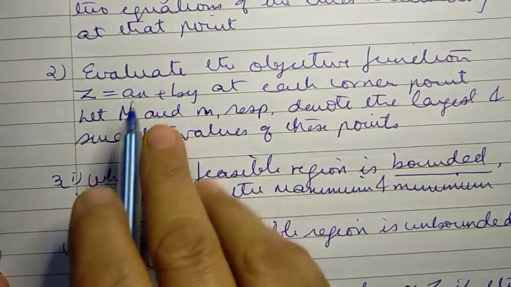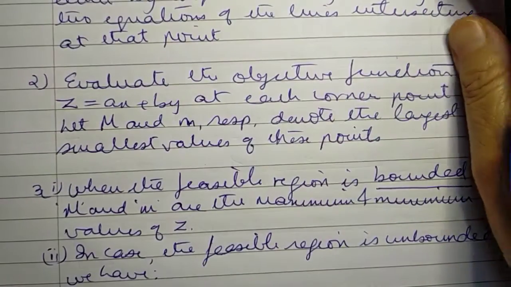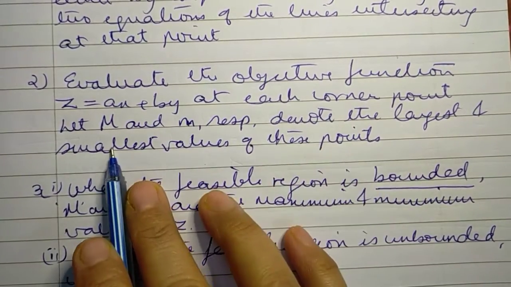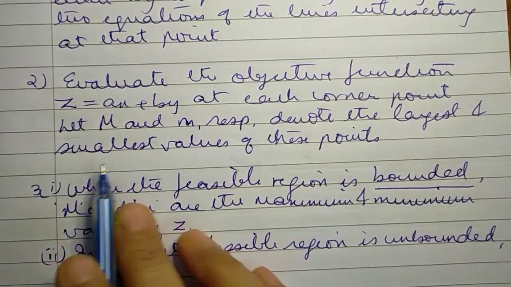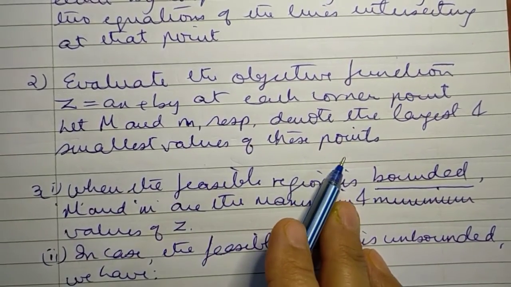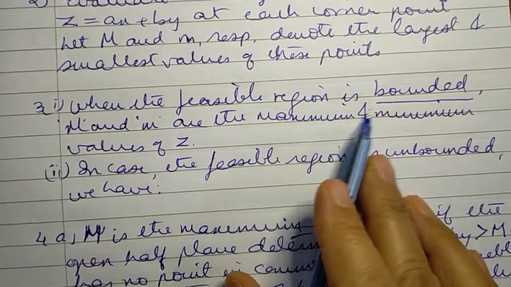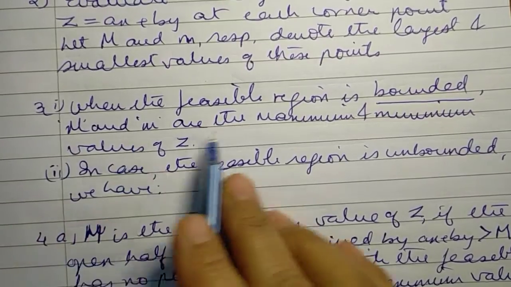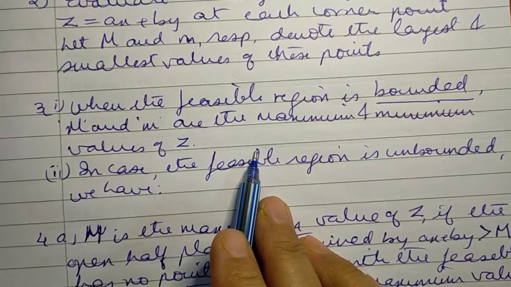Second, evaluate the objective function Z = ax + by at each corner point. Let capital M and small m respectively denote the largest and the smallest values of these points. Next, when the feasible region is bounded, that is, if it's a closed region, then M and m are the maximum and minimum values of Z, and that's it, we are done.